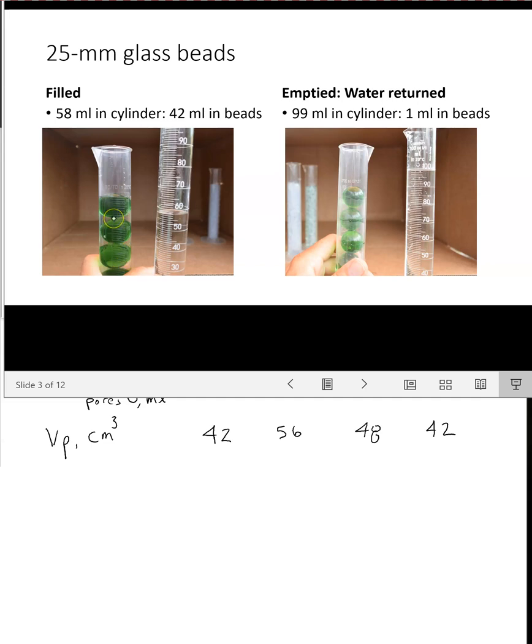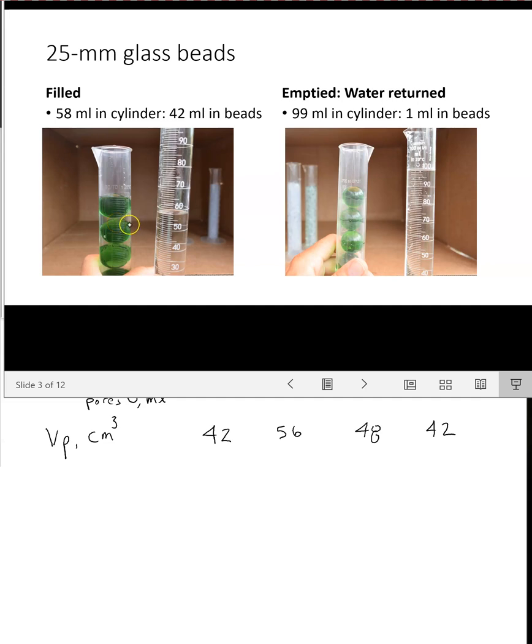So in that case, 42 milliliters of water was held in the beads, which means that 58 milliliters or cubic centimeters of the space in that cylinder was occupied by the solid particles, the beads.